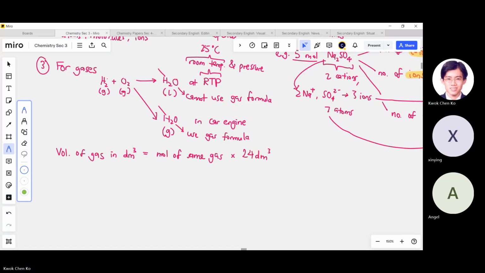Yeah, simple formula. But like I say, be careful on dm cube. Oh, before I forget, there's an assumption. The assumption is this formula only works at room temperature and pressure.